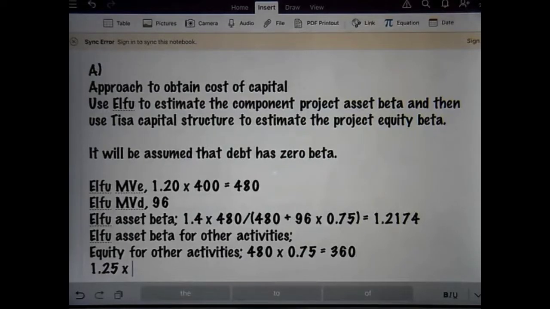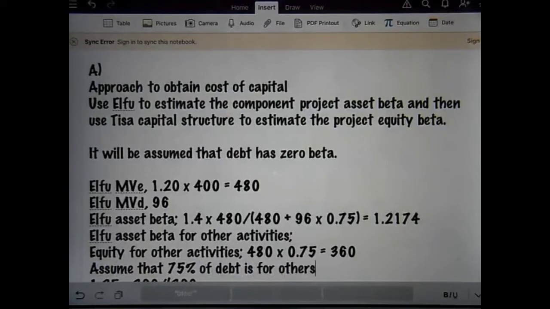So now it's going to be 1.25, 360 divided by 360. Well, we're going to assume something here. What are you going to assume? Assume that also 75% of debt is for others. So here we're going to put 96 times 0.75.